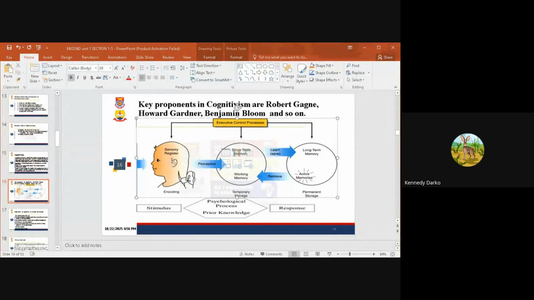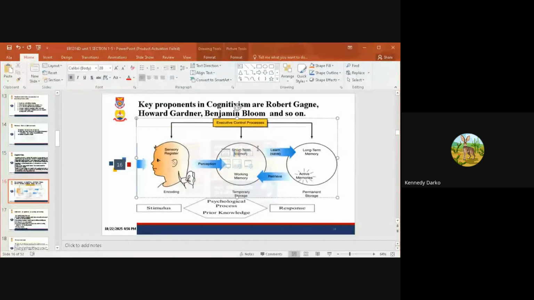When you stored it, it means that we're going to have a short-term memory, which is working now. After you have registered it on the short-term memory, you must process it and then move it to the long-term memory, where it becomes actively permanent. And at any time you need it, you'll be able to retrieve it. So the information comes to the sensory register, then perception, whether you are storing it or throwing it out. Are you going to store it in short-term memory? When you do this, it's working.